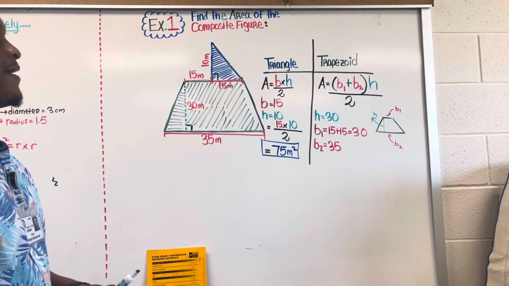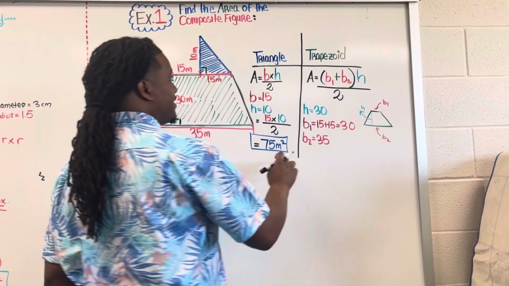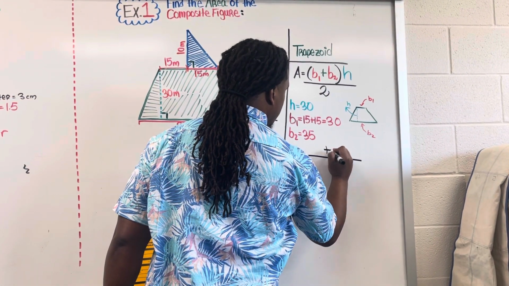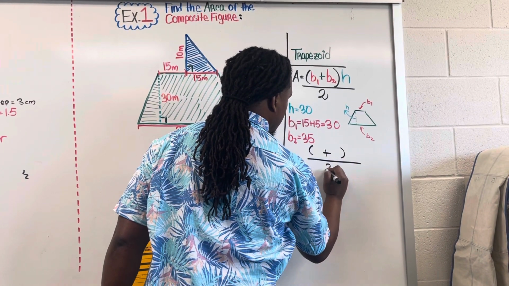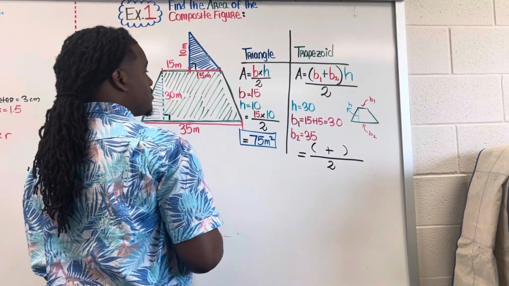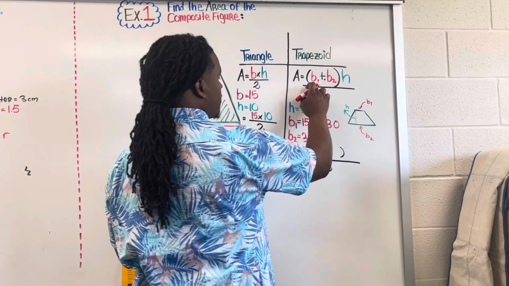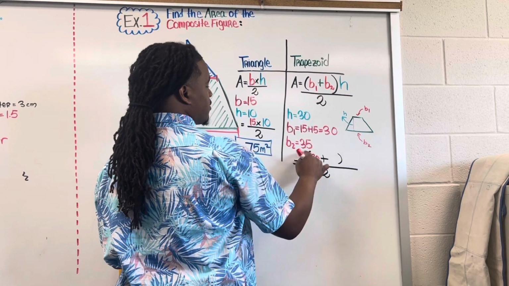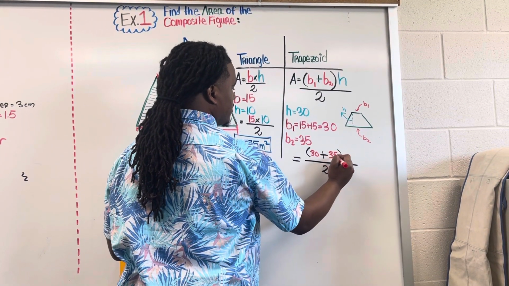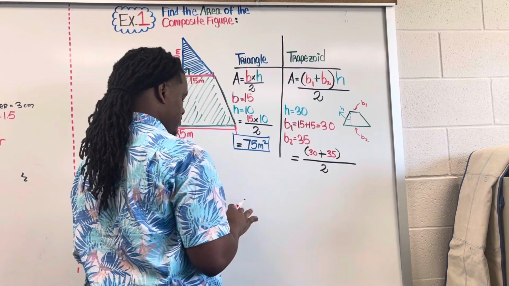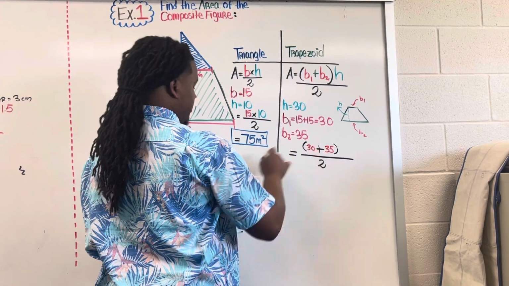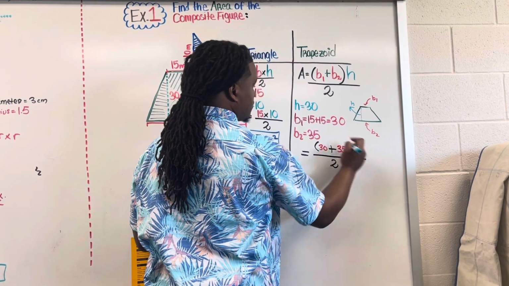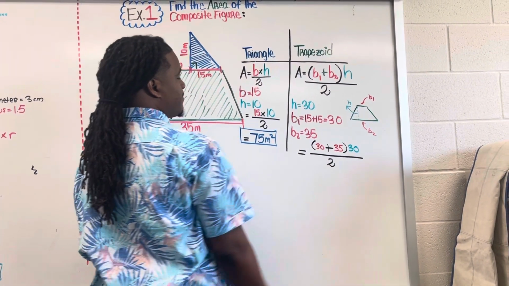So now, guys, all we have to do is just plug in these values where they go within the formula and solve. Okay, so once again, within the parentheses is base 1, which is 30, plus base 2, which is 35, parentheses closed, meaning that we're going to add these first before we do anything else, times the height of 30, all divided by 2.